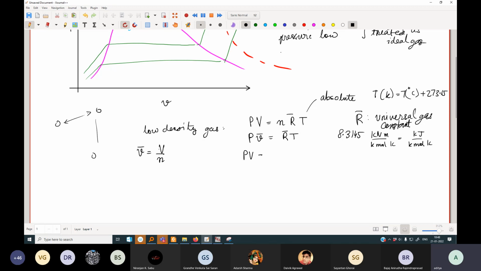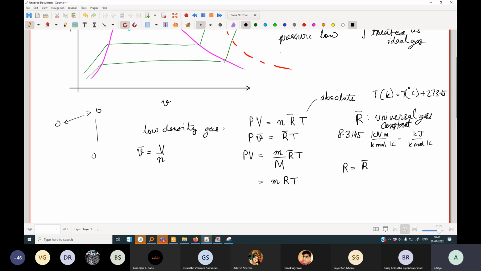Alternately, you have PV is equal to, so N, number of moles, is the mass of the gas divided by the molecular weight. So this becomes M times R times T, where R is defined as the gas specific gas constant.